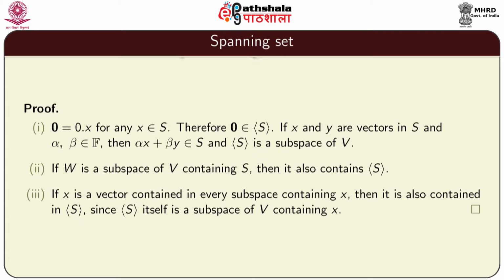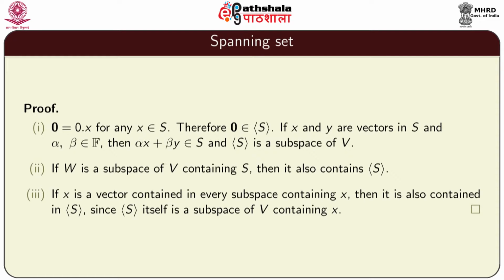And why is it so that any subspace W containing S must contain span of S? Because W must contain all the linear combinations possible from S, because W is a subspace itself and it contains the set S. Now we come to the third part, and we show that span of S is nothing but the intersection of all subspaces which contain S. Why is that so?